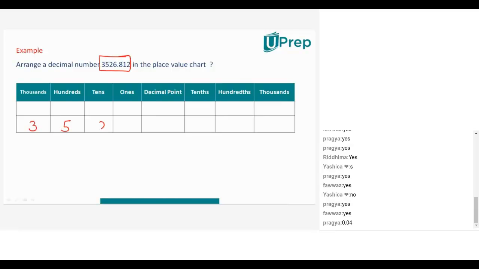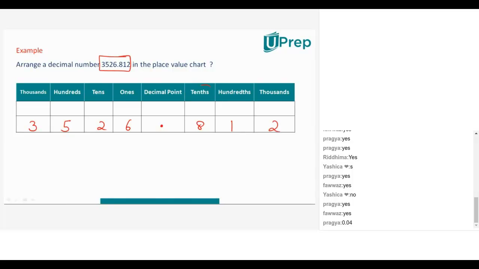Awesome. And then goes the decimal point. Keep going. And then 8 goes into the tenths, and 1 into the hundredths, and 2 into the thousandths. Beautiful.